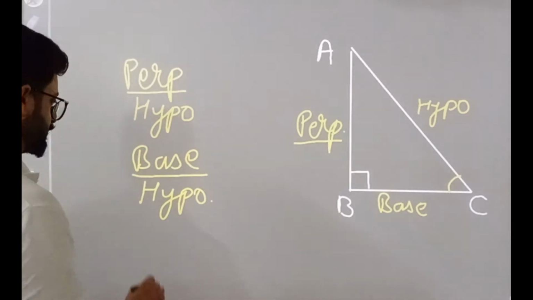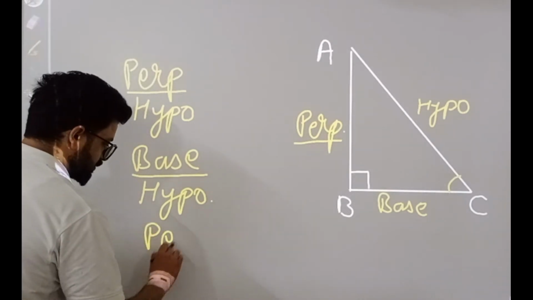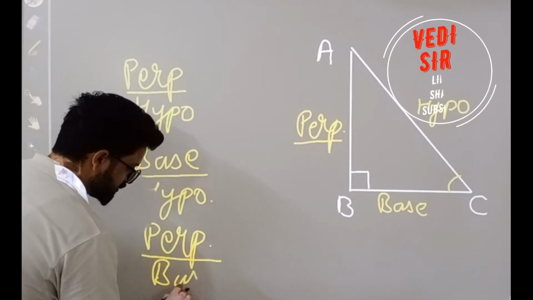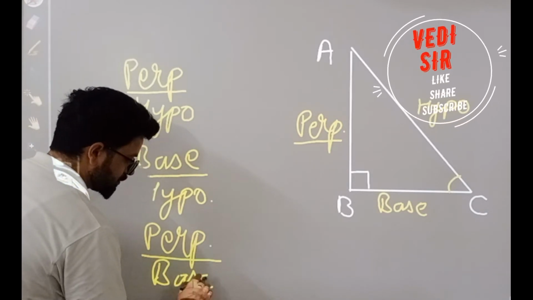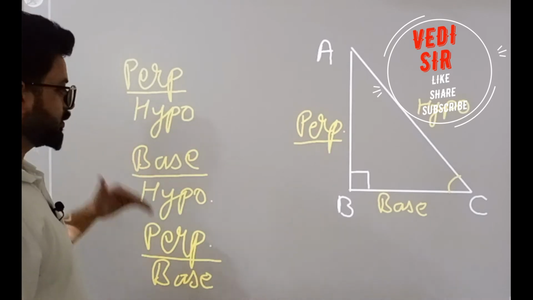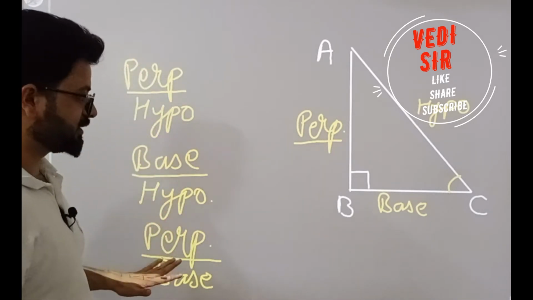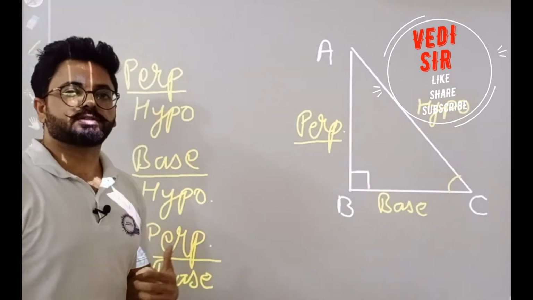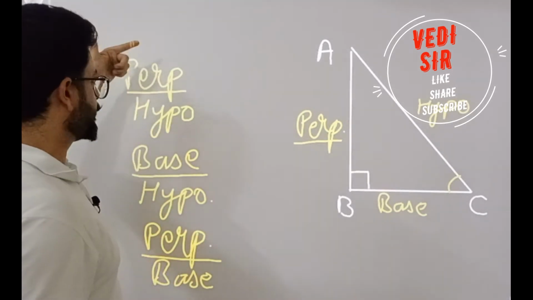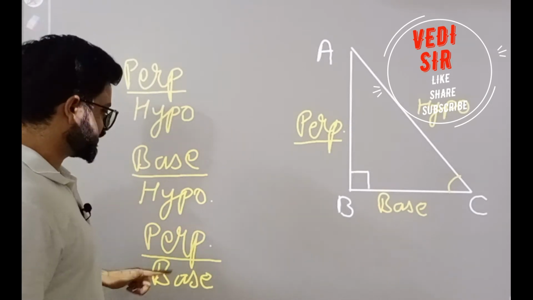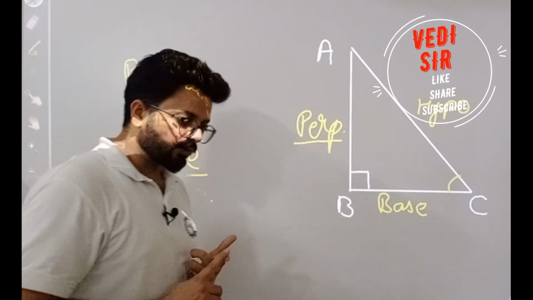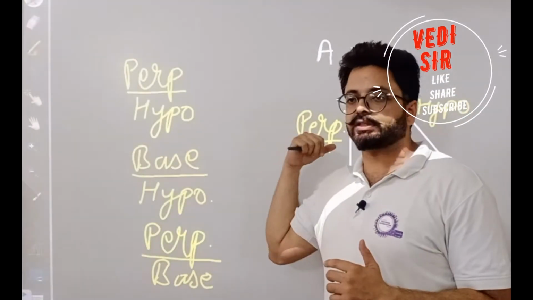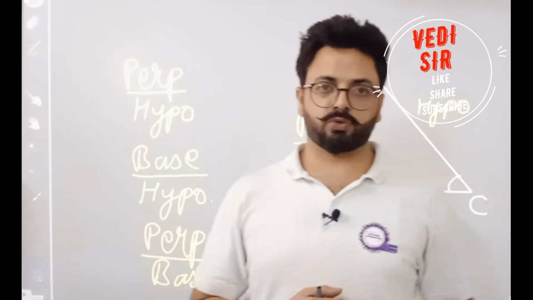And the third, perpendicular upon base. And now these three and the inverses of these three: hypo upon perpendicular, hypo upon base, base upon perpendicular. It means we have a total of 6 ways to write these three sides in ratio.